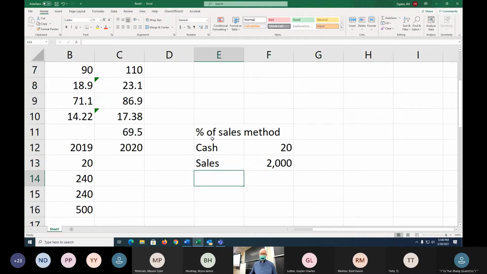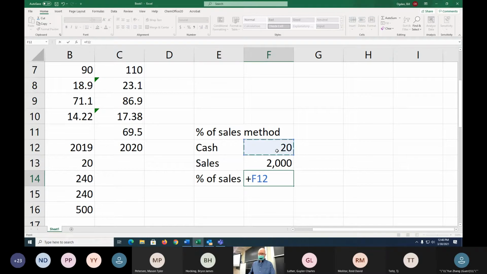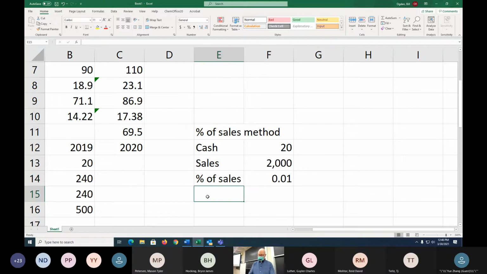So what percent of sales was cash? And you can see very well it's 1%, isn't it? So 20 divided by 2000. Now we're assuming that will remain constant. So forecast 2020.